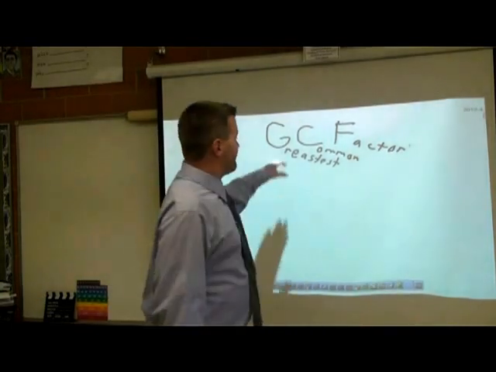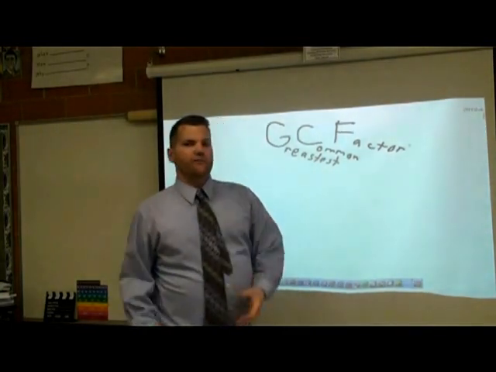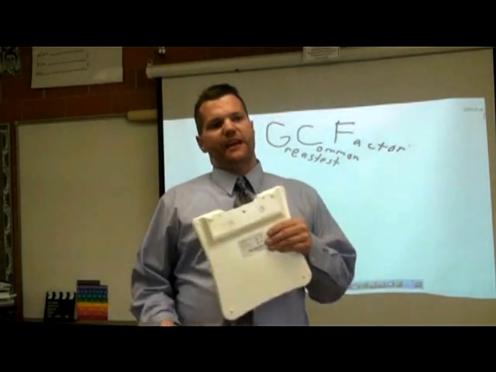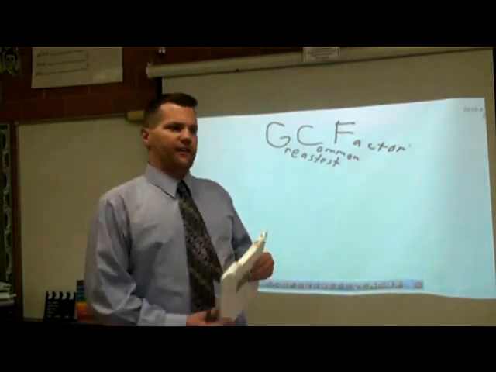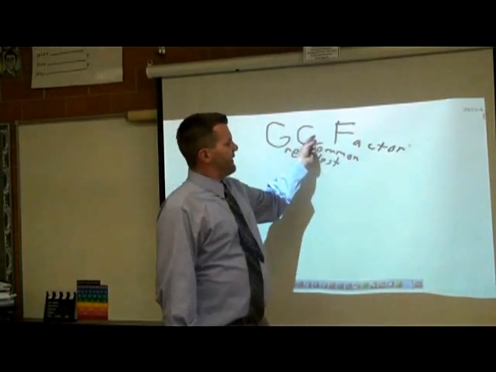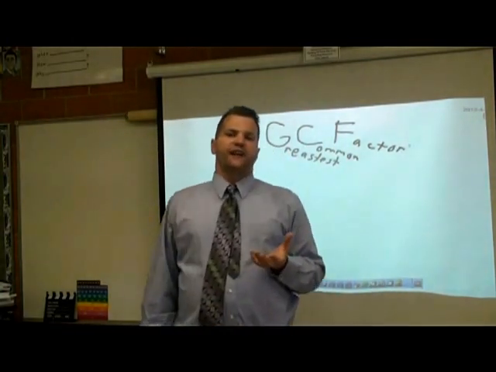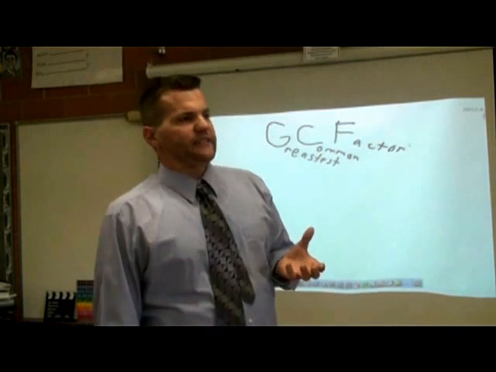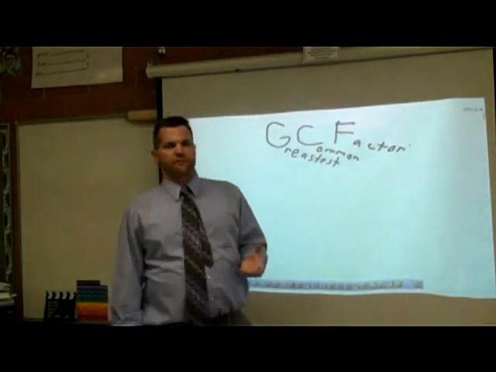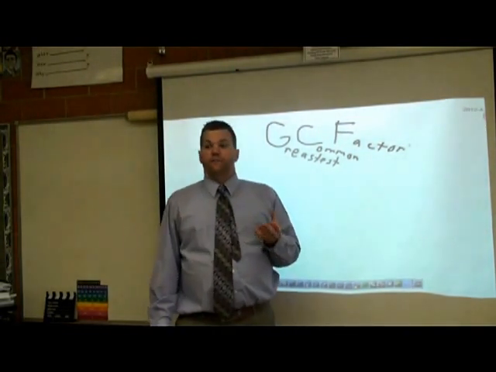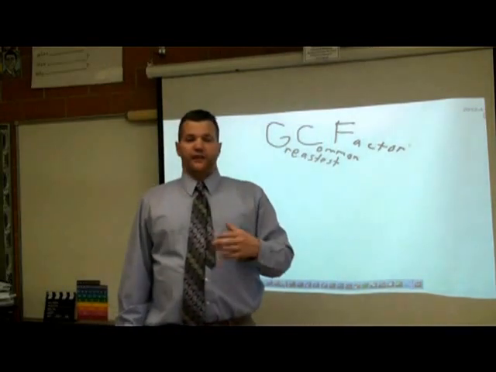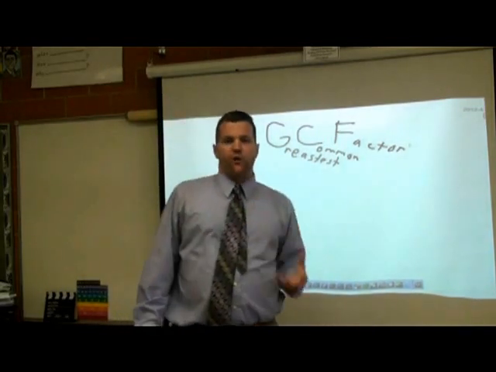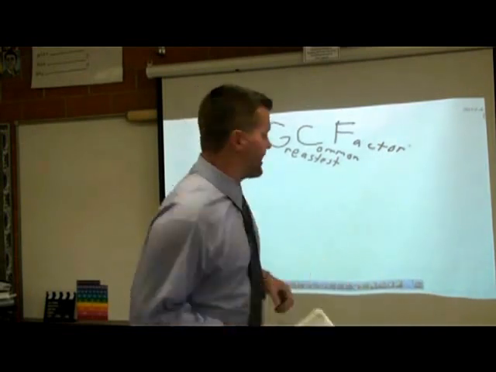And so, when you're looking at numbers, common means that we're looking at numbers that are the same. And then, of course, a factor: factors look at when you're breaking numbers apart and seeing the numbers that you multiply to get certain numbers. Let me show you how this is going to work.